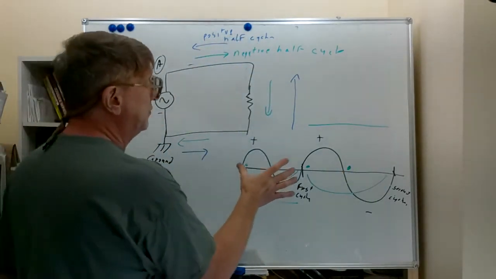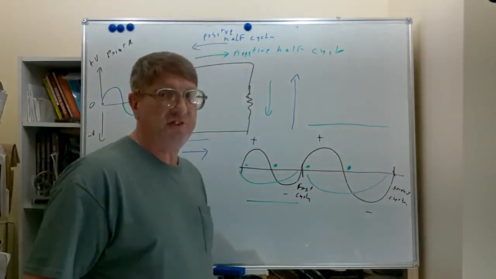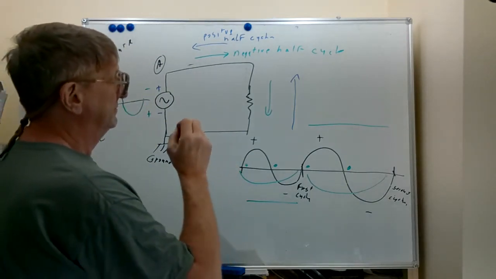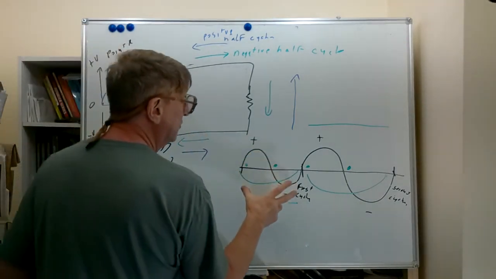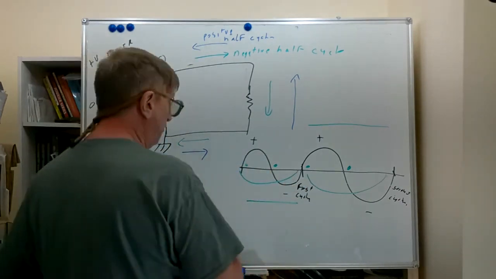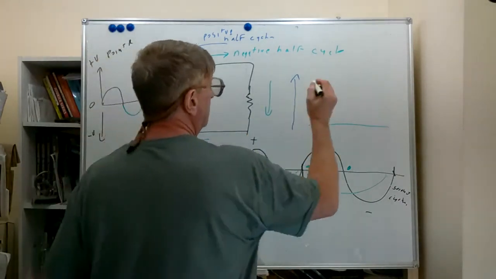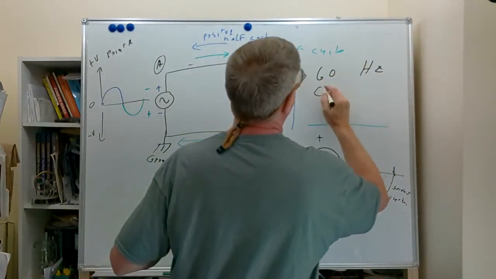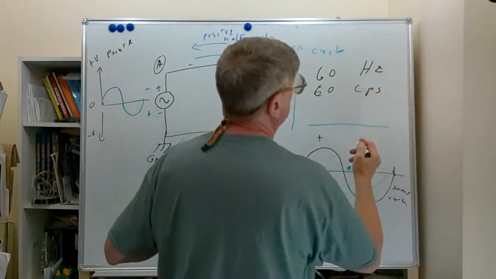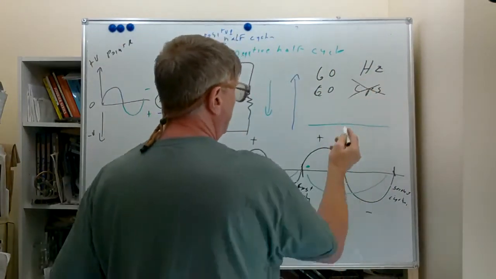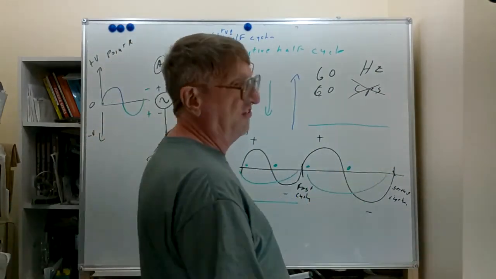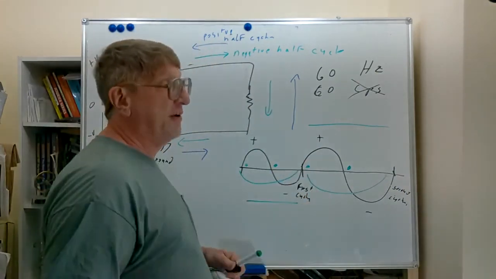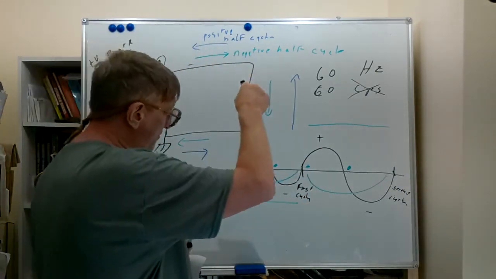So when we run 60 hertz household current, or 60 CPS, cycles per second, but we don't really use that too much anymore, so we'll cross it out, we get 60 full cycles per second, but we get 120 changes of direction, because we have to have one change for the positive half cycle, another change for the negative half cycle.